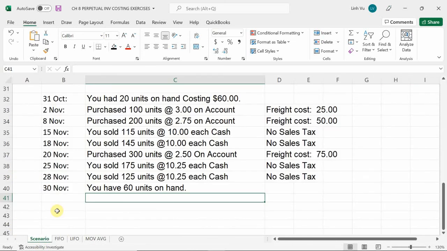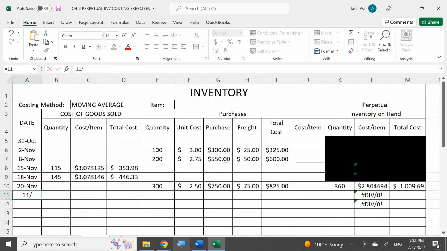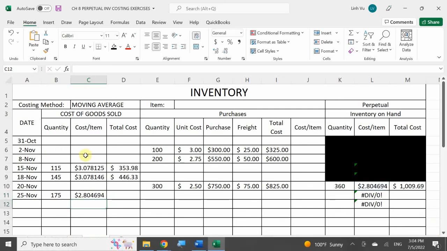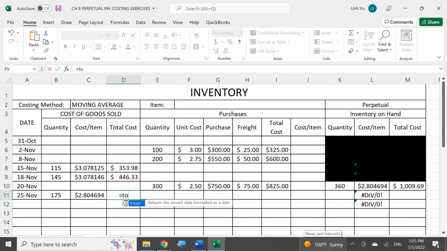On November 25th, we sold 175 units at $10.25 each. If my new average cost per item is $2.84694, how much is my total cost of goods sold here? 490.82.